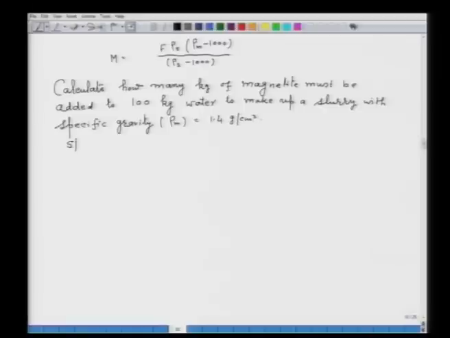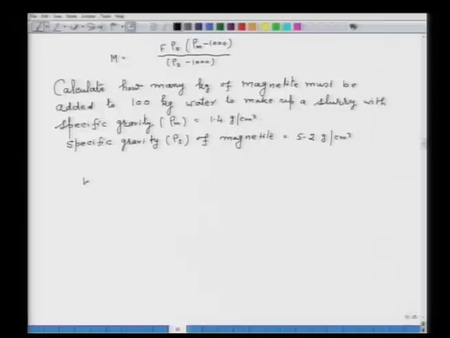The specific gravity of magnetite, that is rho s, is given to you as 5.2 gram per centimeter cube. So, we have to calculate this. You have the formula. I will try to apply it for you, so that you understand.